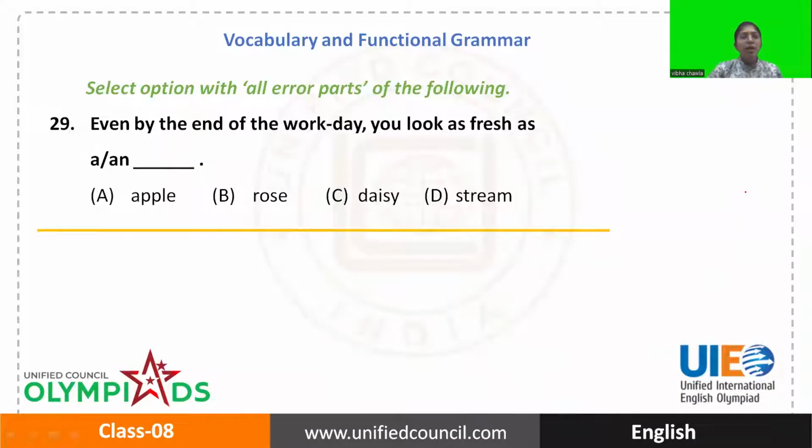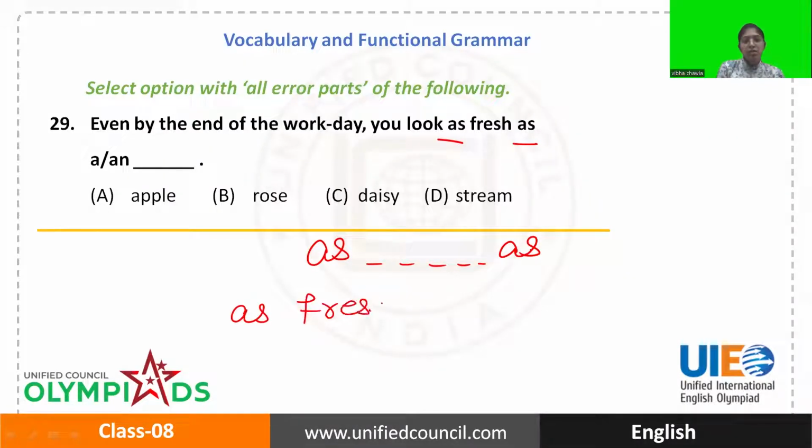Thereafter, we have: even by the end of the workday, you look as fresh as blank. So this is what we call simile. This as and structure is called simile that we use for making comparison, to show equality. If somebody is extremely fresh, we say it's as fresh as a daisy. The correct simile is as fresh as a daisy.